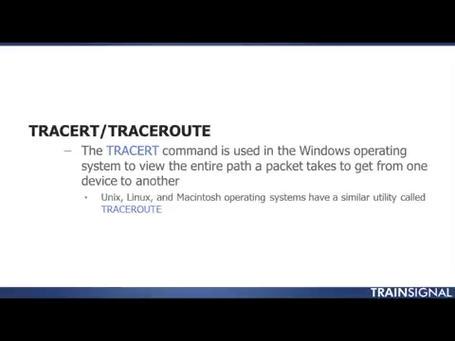Maybe if I have a client who says, I can't see a certain server in our enterprise, well, as much as I told you, the first words out of my mouth will be, can you ping it? If we're also not able to ping it, the next step from there would be to do a traceroute and see where between that client and that server the breakdown comes into play.